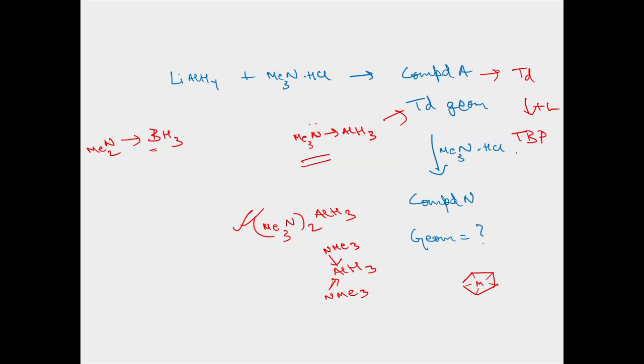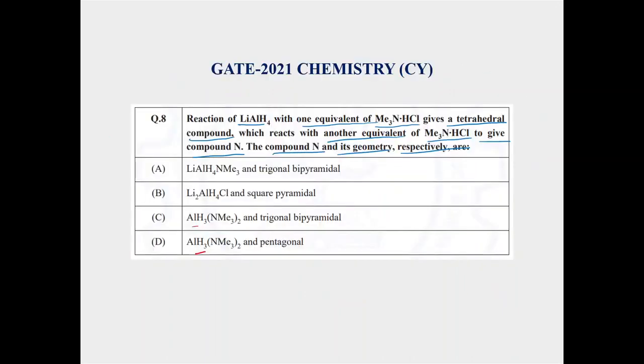But in this case, it is trigonal bipyramidal, meaning Al will be here with 3H and 2 NMe3 will donate their lone pairs. So in this case, the answer will be trigonal bipyramidal.